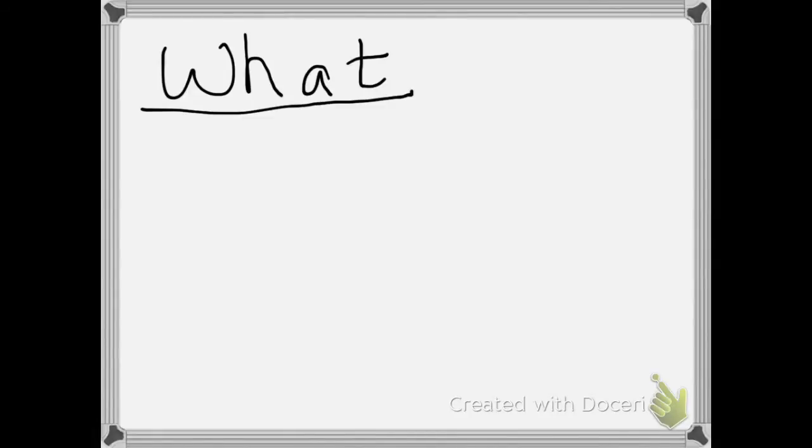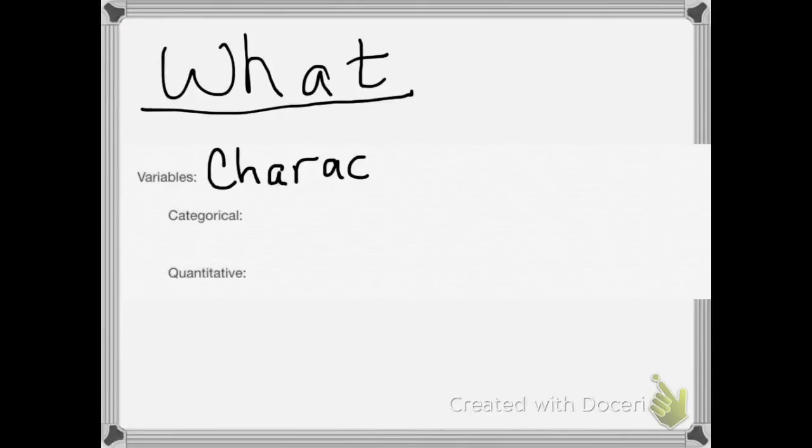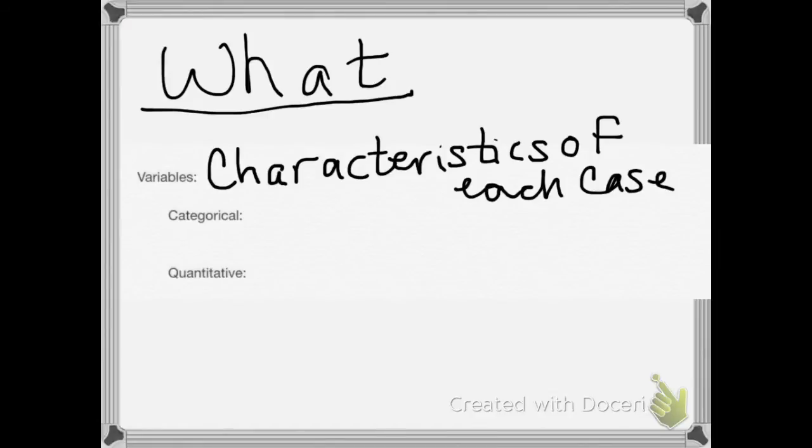The what, these are the variables. You have to look at each thing. And these variables are the characteristics of each case. So there's two things you can have. You can have categories, which is categorical.